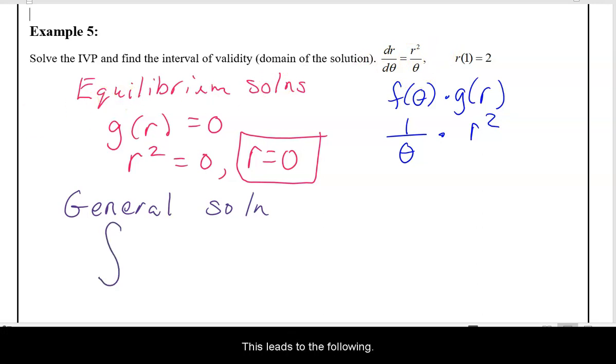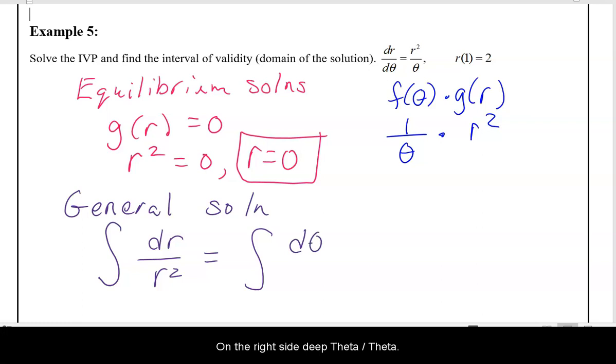This leads to the following. I will get dr divided by r squared equal to, on the right side, d theta divided by theta.